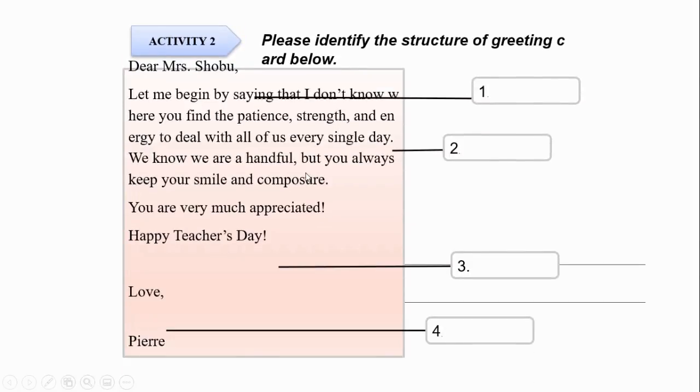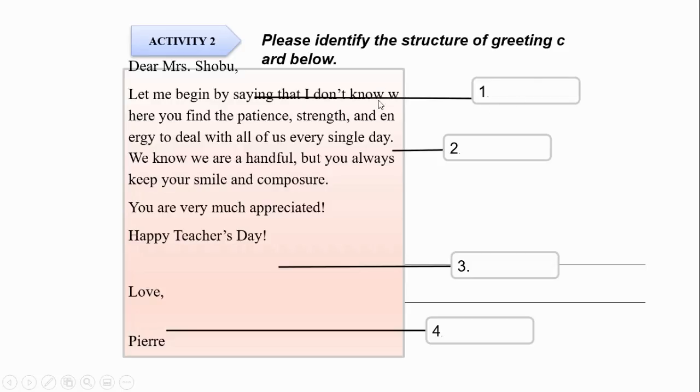Next, please identify the structure of the greeting card below. If we want to know that the students are able to mention the structure of the greeting card, here we also provide a text, but the question is different.